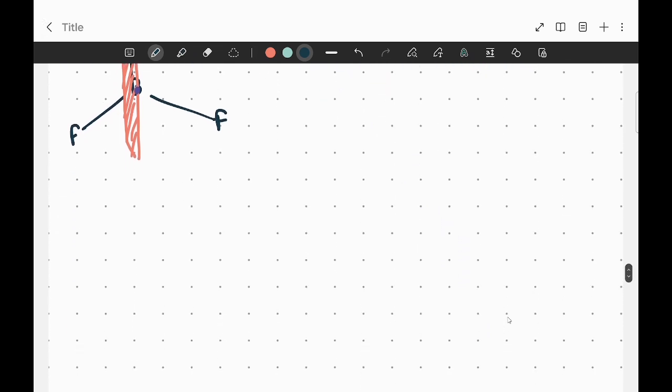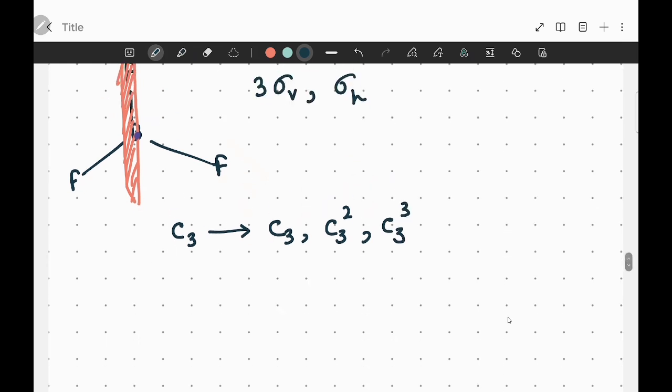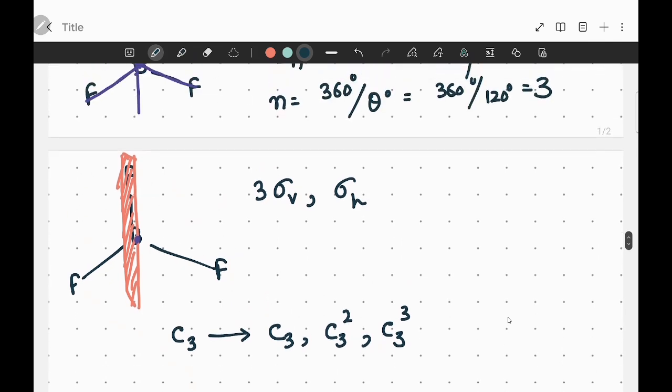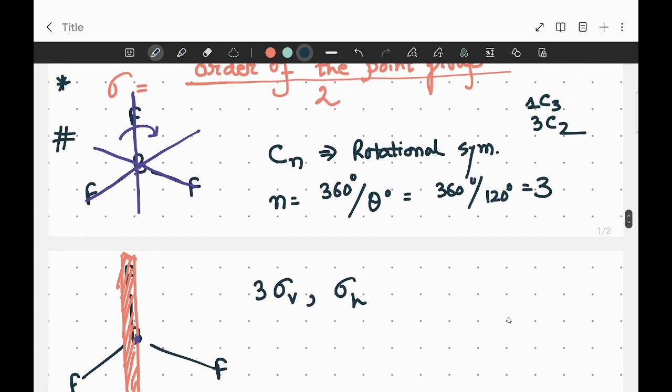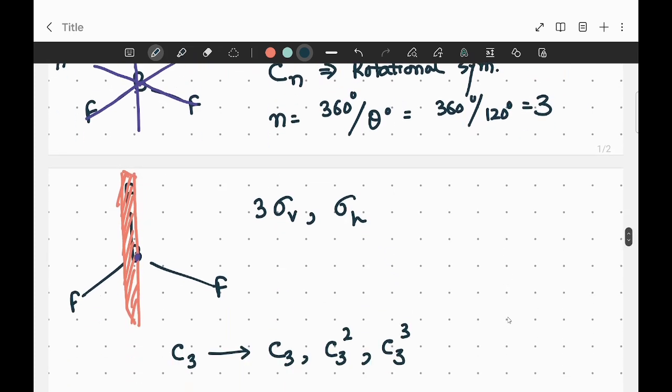So how can we obtain the total symmetry operations? First you have to consider C3. If you have C3, then you will have C3, C3 squared, C3 cubed. This is called our cyclic group. You have C3 because you are rotating 120 degree, but you can give another 120 degree rotation by which you can get the same molecule. So that is C3 twice.